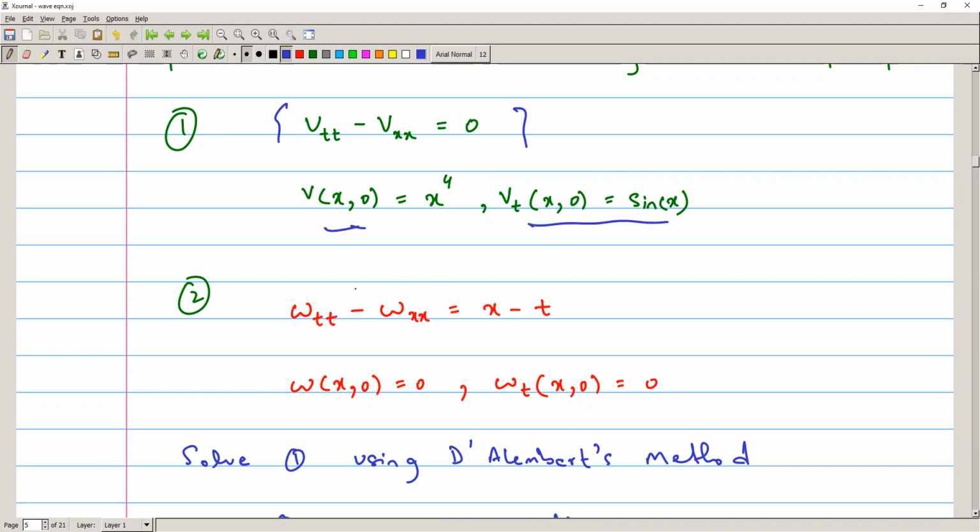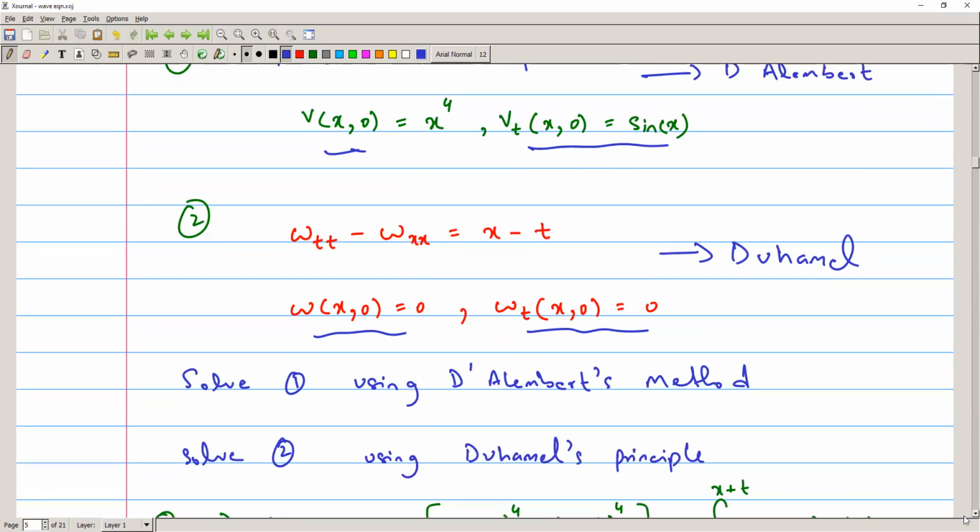And then w double t minus w double x is equal to x minus t, and the initial conditions are 0. For this problem, we can use Duhamel's principle. And for this problem, we can solve by using D'Alembert's method. And then we will sum up by using the superposition principle for the final solution.